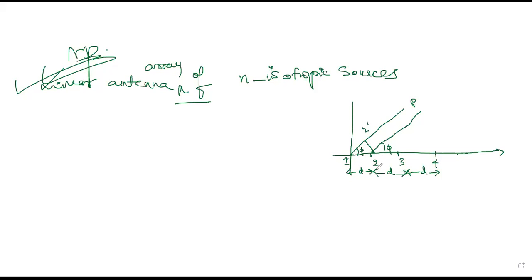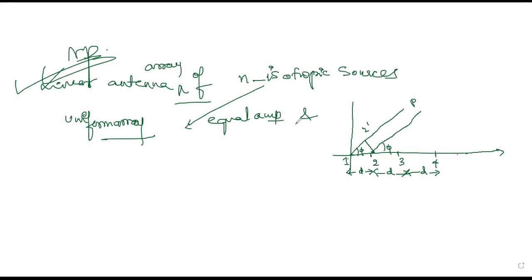Now a uniform array is one in which all the sources are supplied with equal amplitude and phase. So a uniform array is nothing but n isotropic sources, and all these sources have equal amplitude as well as equal phase. That is called a uniform array.